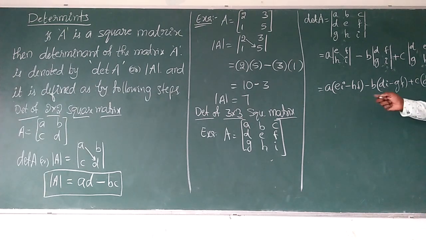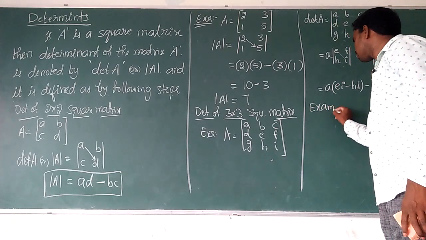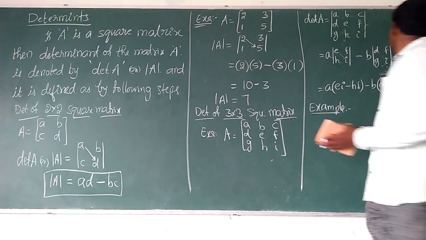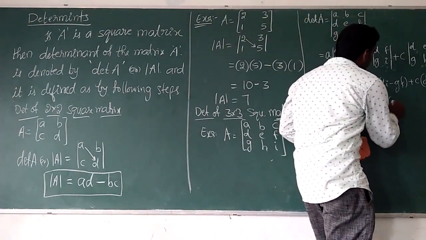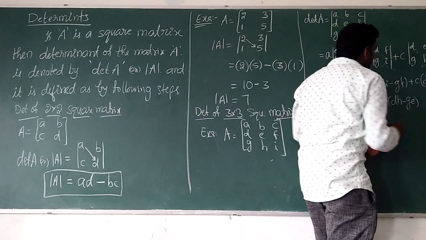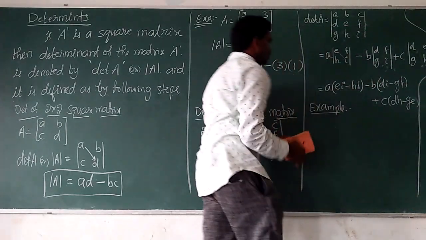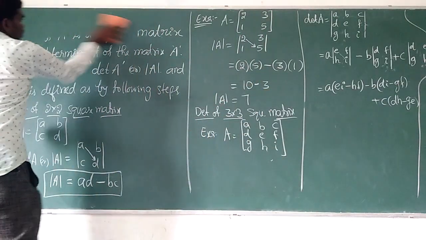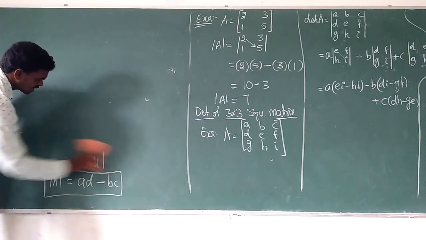Okay. So let us see one example, how to find the determinant of a 3 by 3 square matrix.